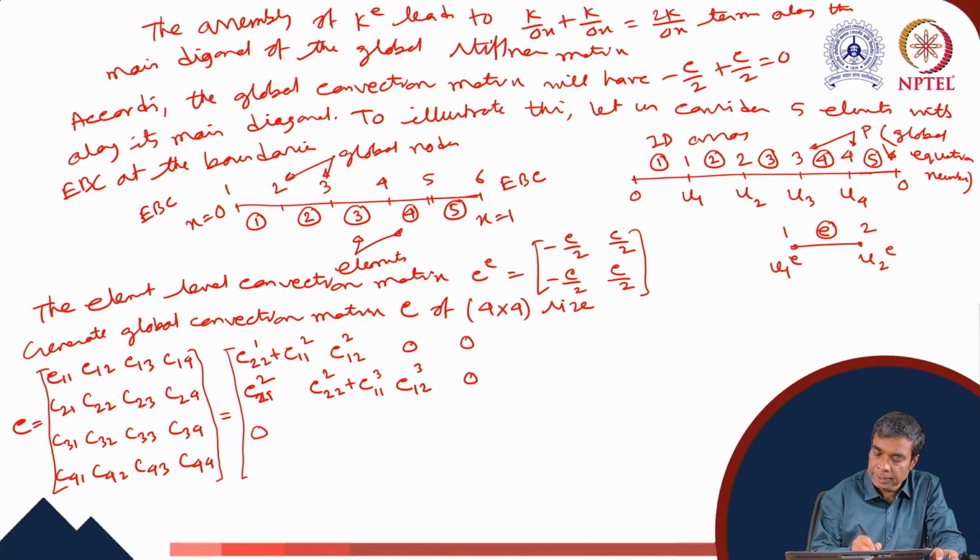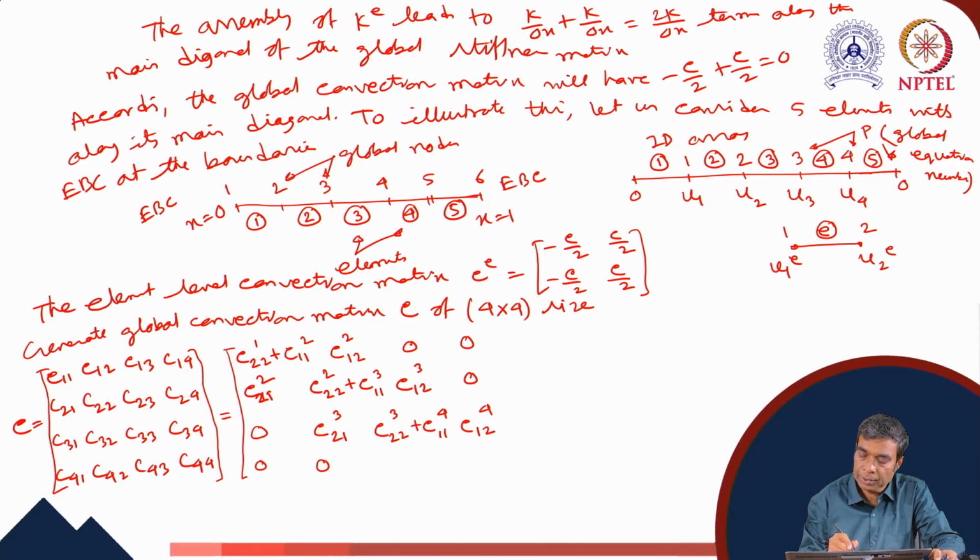C32 will be C213. C33 is C223 plus C114, and C34 will be C124. Finally, in the last row, C41 and C42 are both 0.